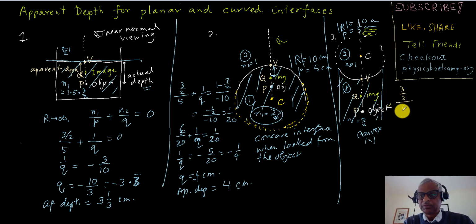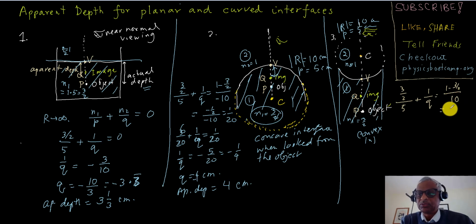3 over 2 over 5 for N1 over P plus N2 over Q equals N2 minus N1 over R, which is again 1 minus 3/2, but this time when we look from here, this is going to be bulging towards the object. That's convex, so that's 10 centimeters.